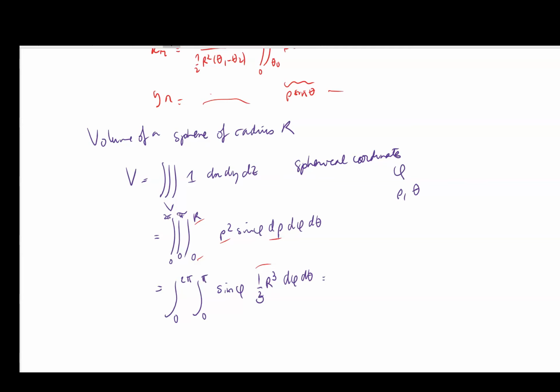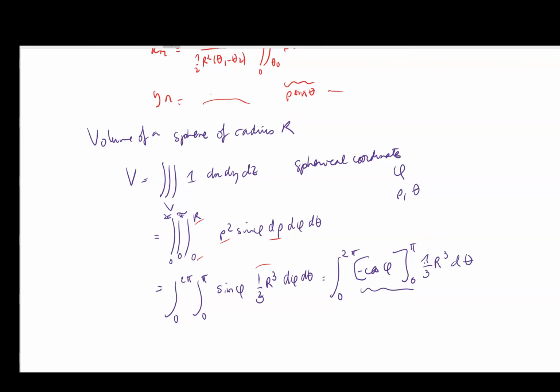So I still have my outer integral, let's do one at a time. The sine of phi becomes minus cosine phi. Excellent, that's what we need. From 0 to pi, I still have my r cubed over 3, and I still have my d theta.